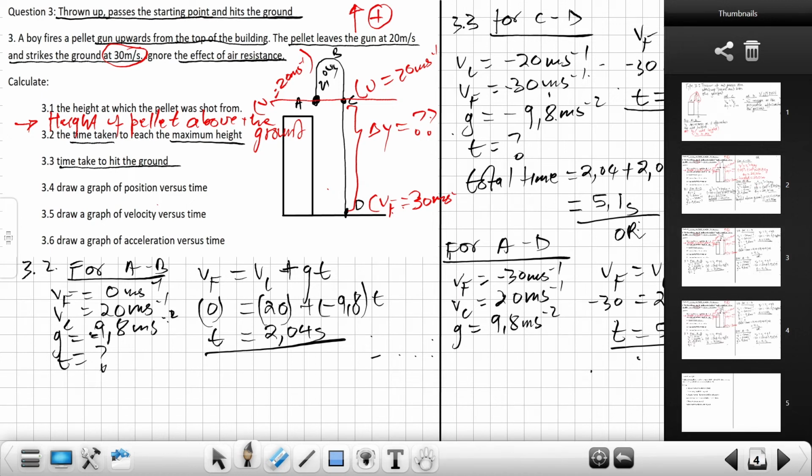So at 3.6, they are saying now draw a graph of position versus time.